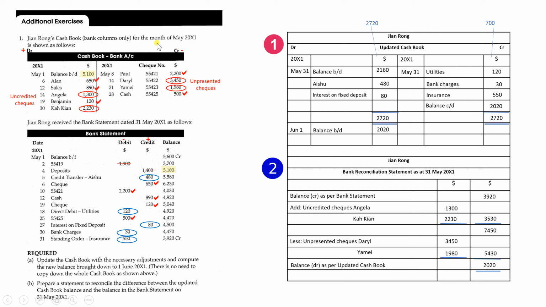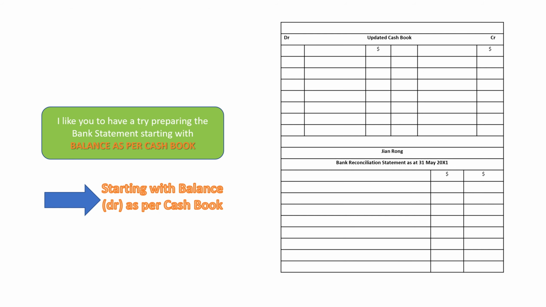That's why, as you can see, if we start out from the updated cash book, you have to add back the unpresented check, and you have to less the uncredited check. Only then you can come up with the balance as per bank statement. So this is a little bit different than if you were to start off with balance credit as per bank statement. So you just need to remember that.